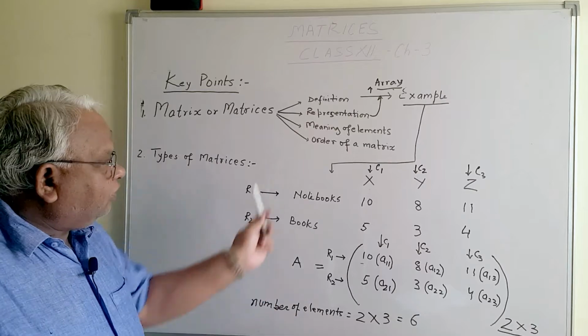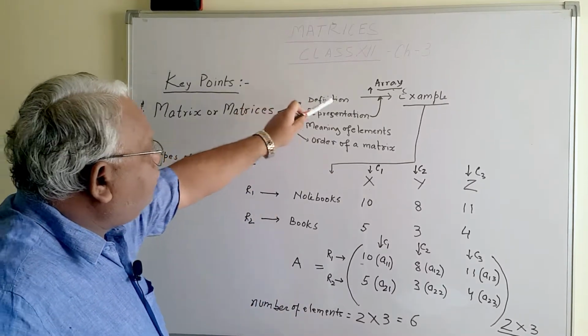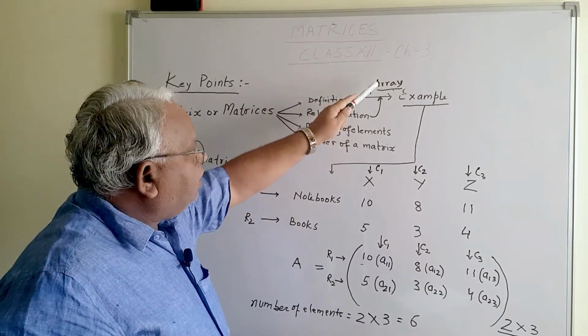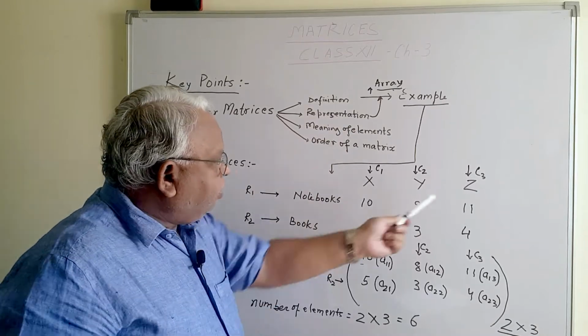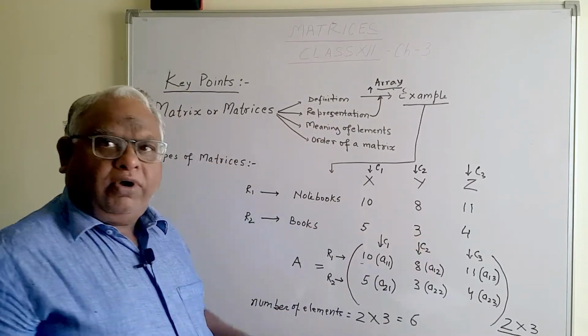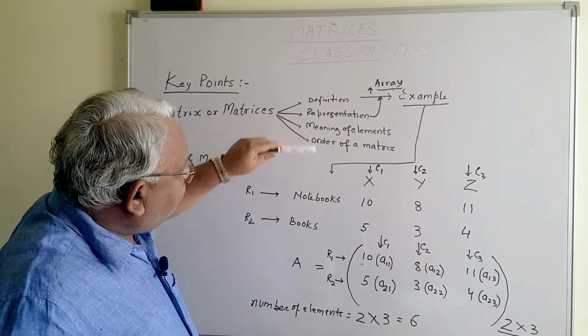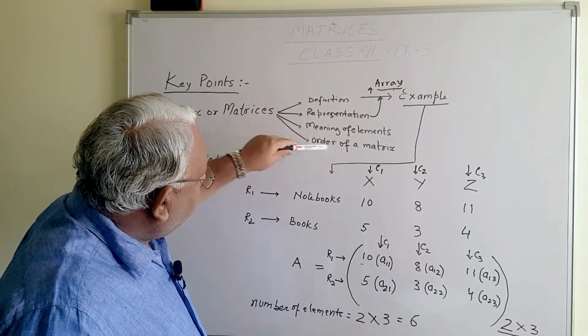So I hope the things are clear to you. What is the definition? The definition of a matrix is defined in the form of an array, which is a combination of data in the form of elements, and this further deals with the order of a matrix.